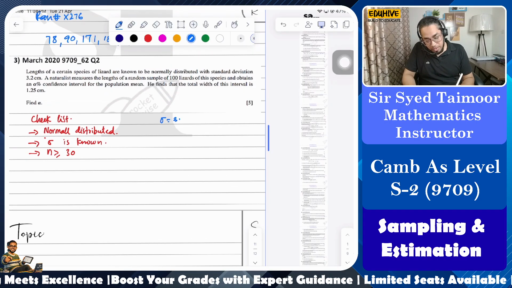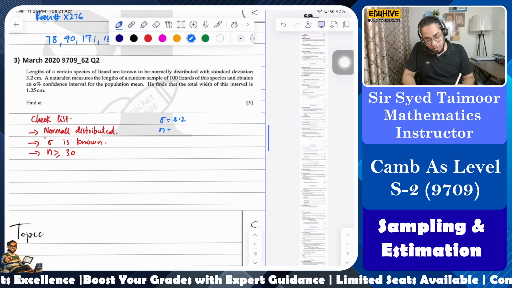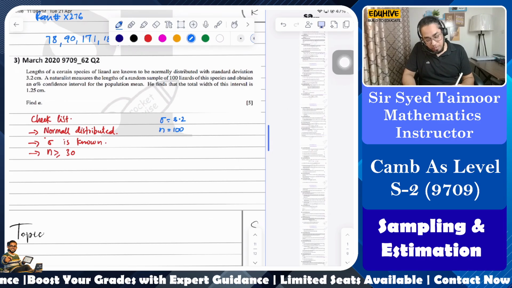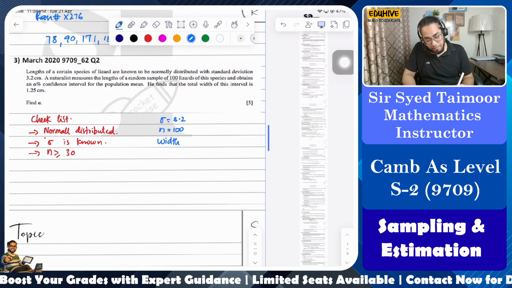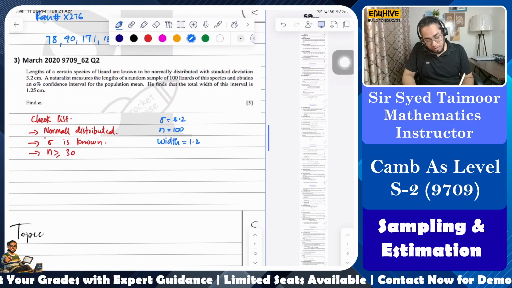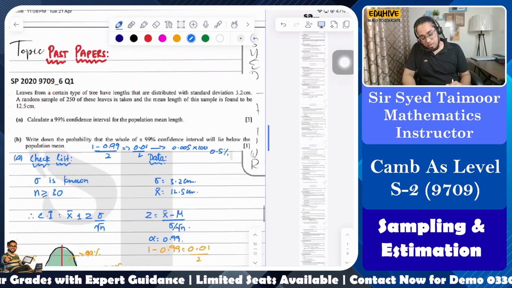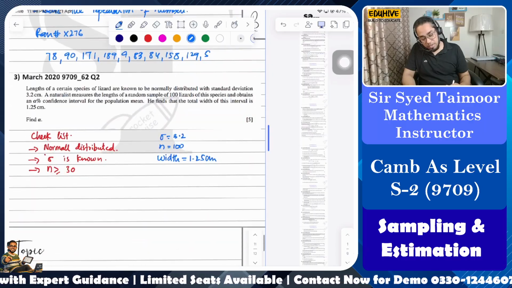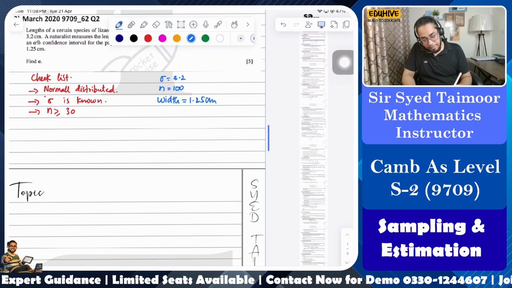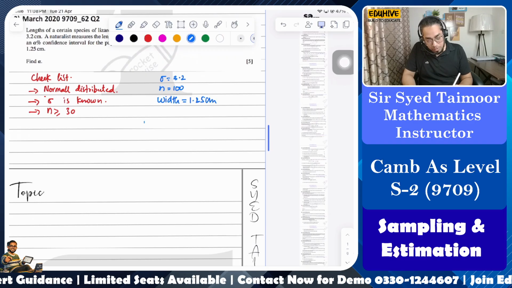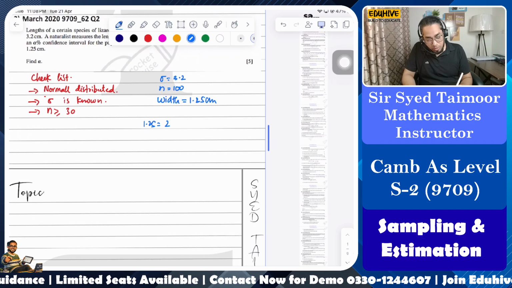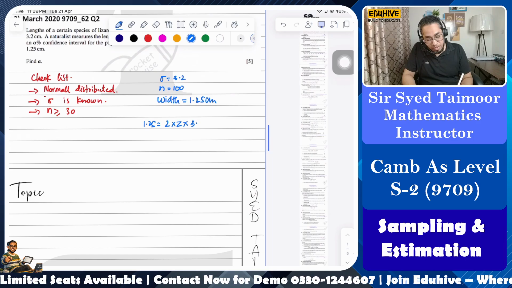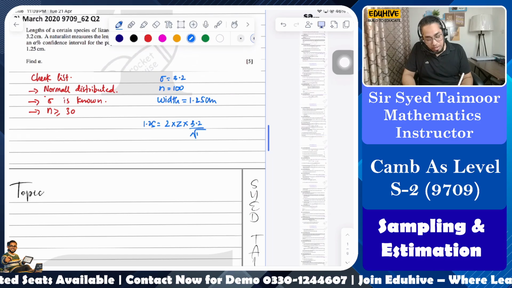So sigma is 3.2, n is 100, and then we have the total width of the interval. I also forgot: 2z sigma over under root n, sample size. So width is 1.25 equal to 2 multiplied by z into sigma, where sigma is exactly 3.2 and n is 100.